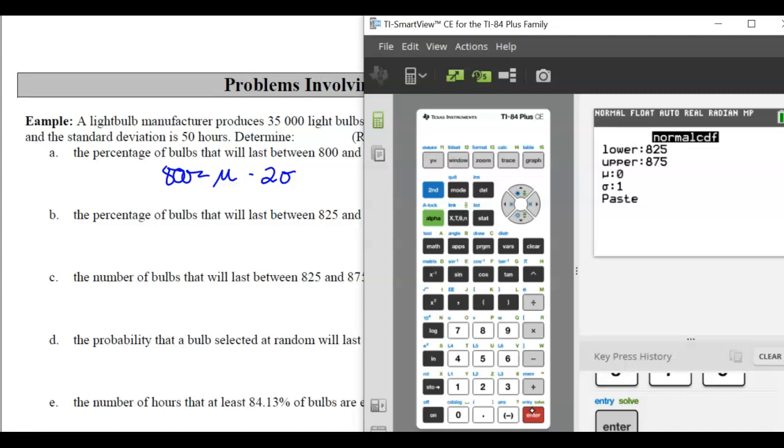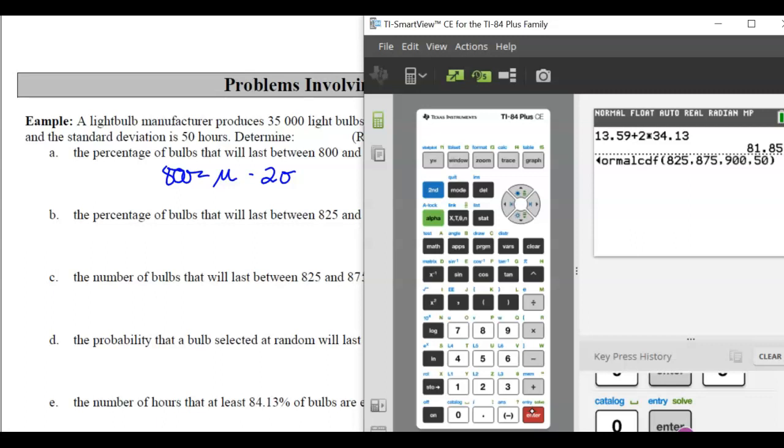So now our mean is 900, and our standard deviation was 50. Enter on that. And then, of course, round to the nearest 100th of a percent.